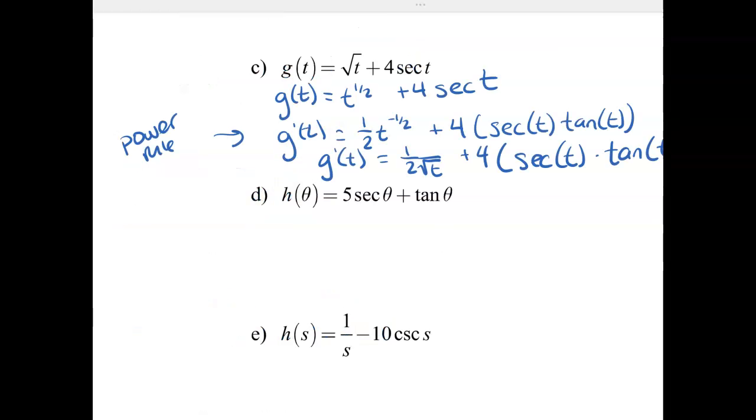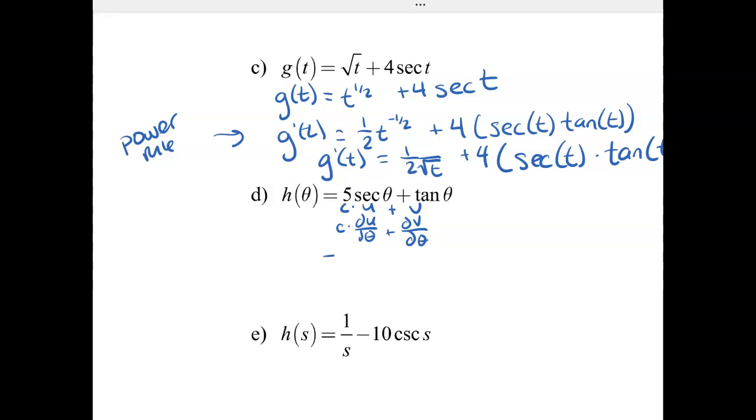Alright. Next one I see is 5 secant theta plus tangent of theta. So it looks like I've just got c times u plus v. So that's just c times du over d theta plus dv with respect to theta.